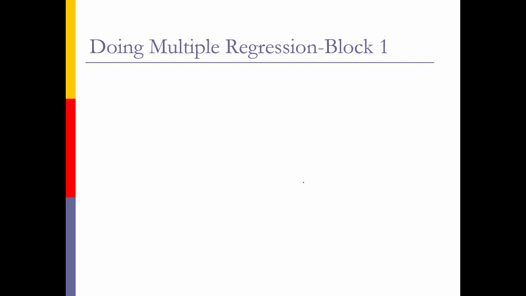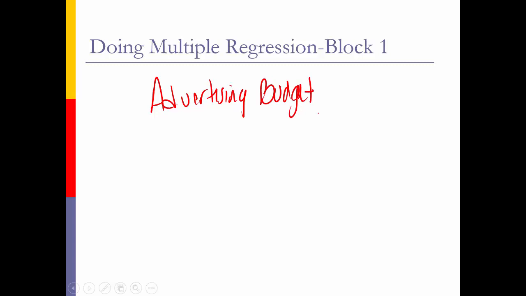I'm doing it in SPSS. You're going to create block 1. And in this block 1, we already know that advertising budget is going to impact sales.